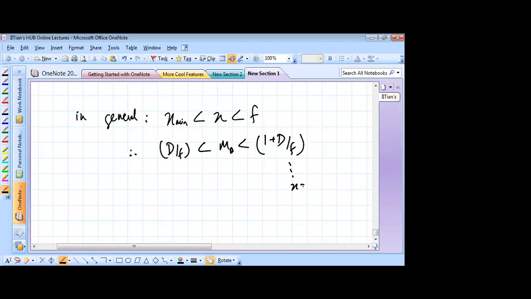This is for x equal to x minimum and y equal to capital D, and this is for x equal to focal length, y becoming very large.